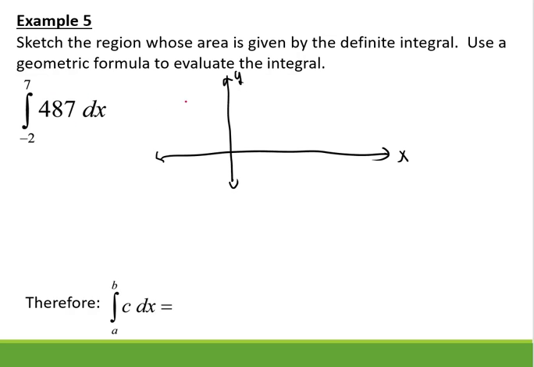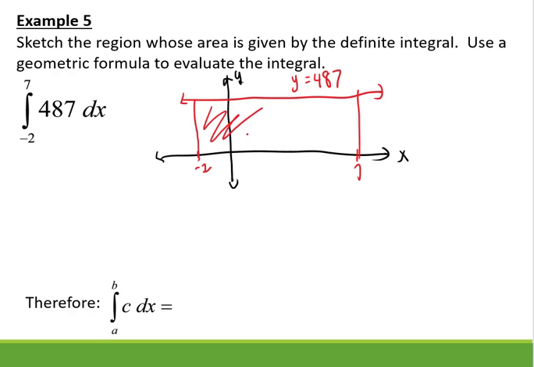And I'm going from -2 to 7. Obviously, you realize it's not to scale. So I'm looking for the area of that rectangle. Well, the area of my rectangle is my height, 487, times my width, which is 7 minus -2.